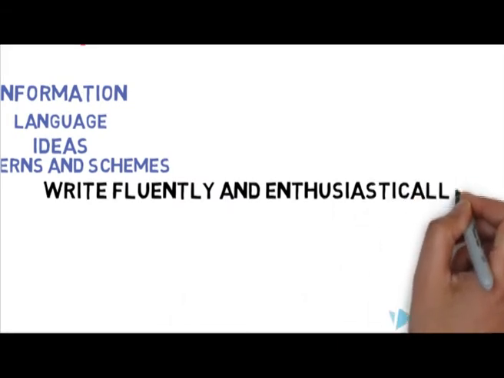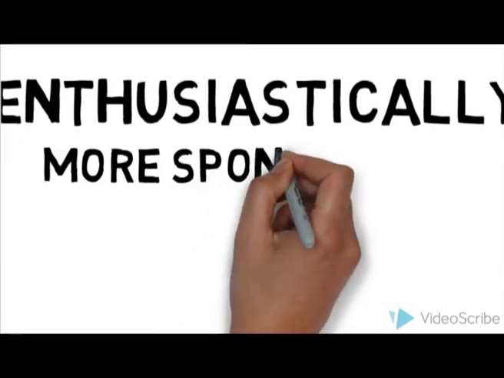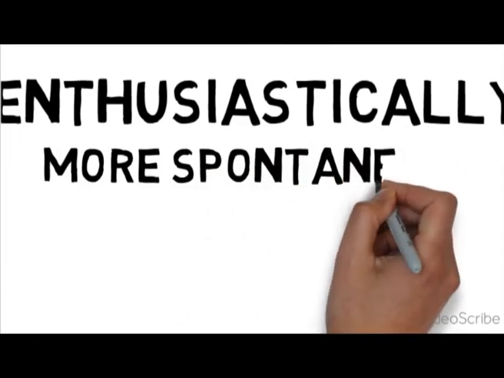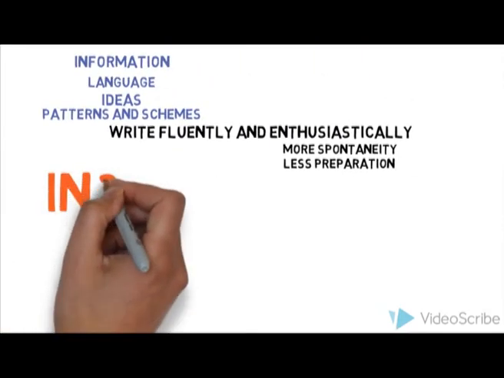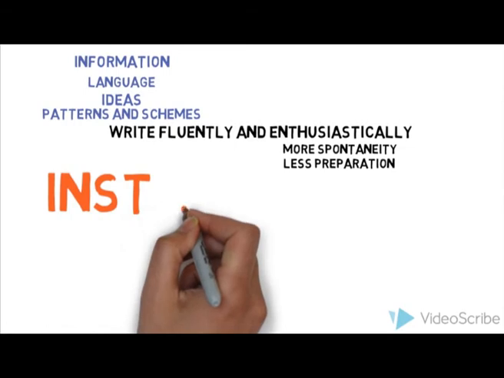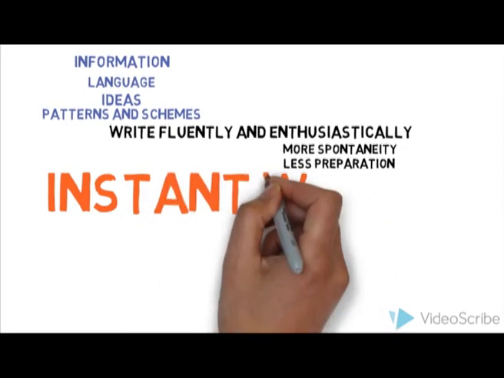Tasks whose principal aim is to have students writing fluently and enthusiastically, often with more spontaneity and less actual preparation than in process and genre approaches. Two such areas of habit building are instant writing.